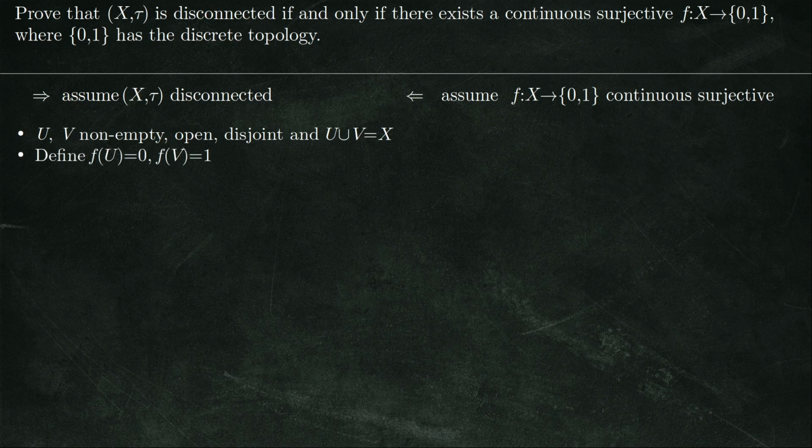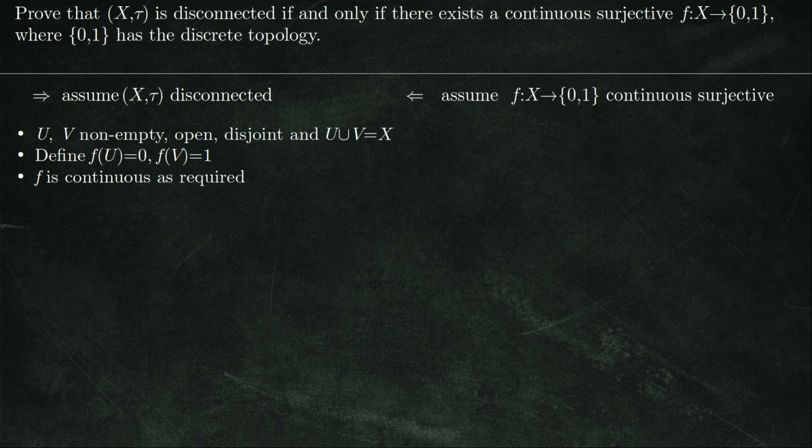Then we define the map as F on U is 0 and F of any point in V is 1. F is continuous as required. So if we take the inverse of 0, which is an open set, that gets us U, which is open. Take the inverse of 1, that gets us V, which is open. So it is continuous.